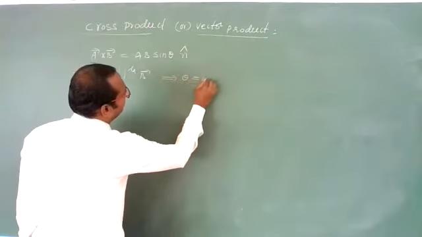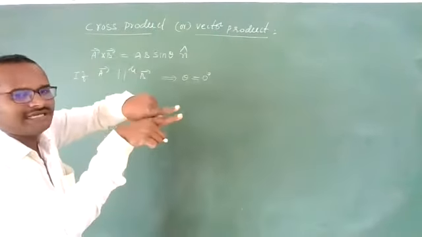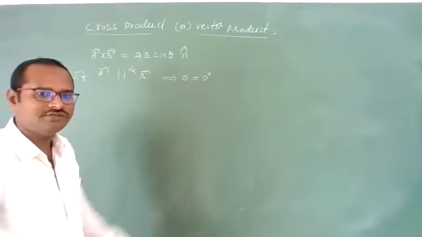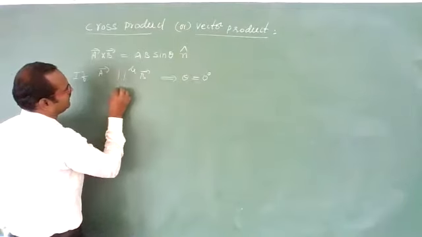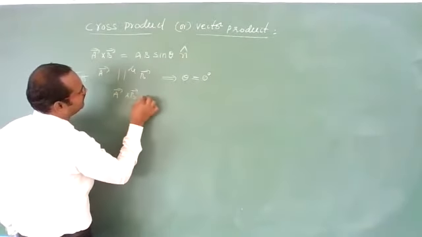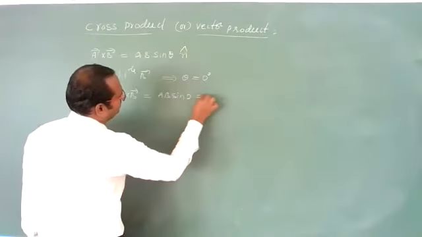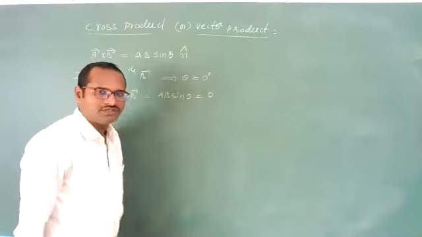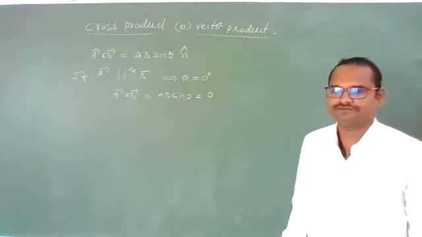The angle will be 0. If you take theta as 0, then A cross B is equal to AB sin 0. Sin 0 is 0, so it is 0. So the cross product of two parallel vectors is always 0, remember.